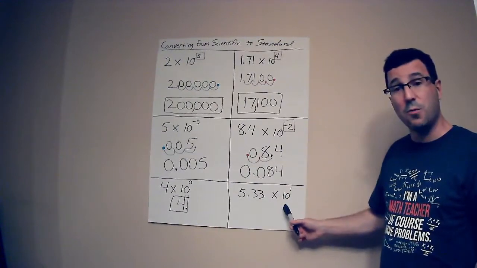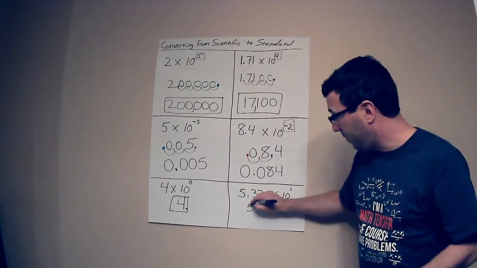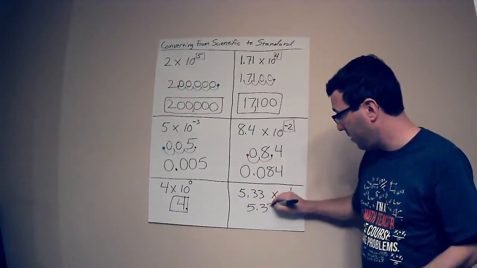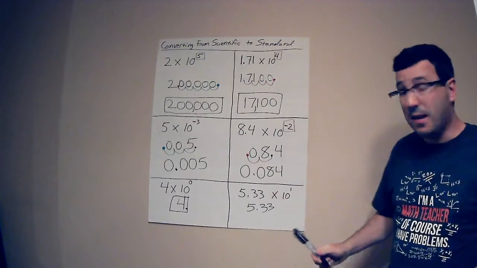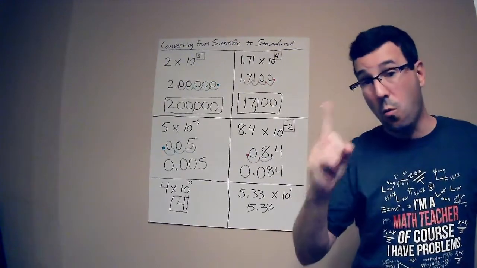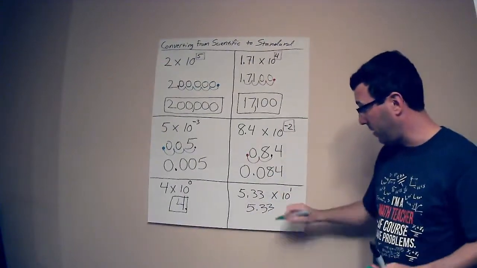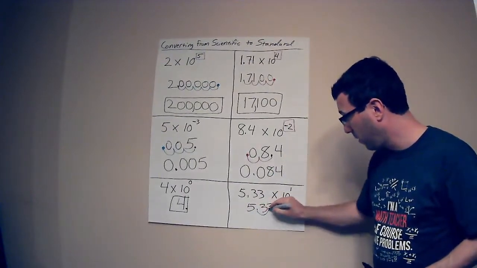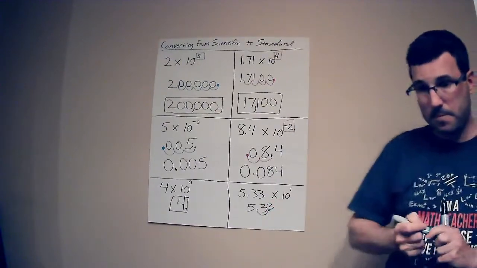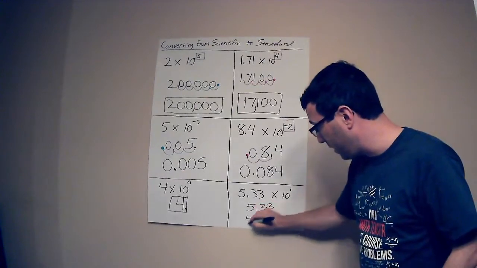The other one is 5.33 times 10 to the 1. Same steps. 5.33. What is it telling us to do? It's telling us to move that decimal 1 place. So I'll move it 1 place. Now the decimal is between the 2 3's.